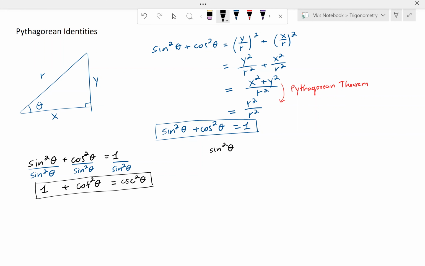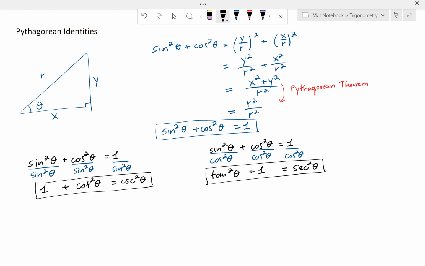Sine squared plus cosine squared equals 1. Divide by cosine squared instead. And we have tangent squared plus 1 equals secant squared. And these are the three Pythagorean identities.